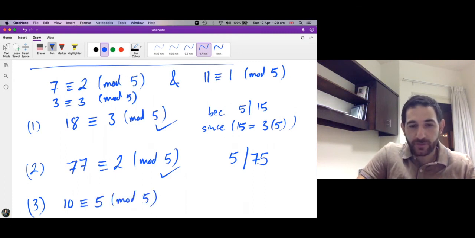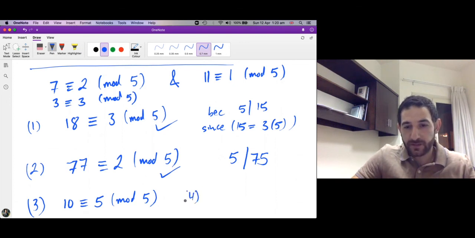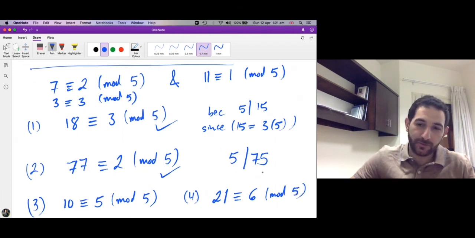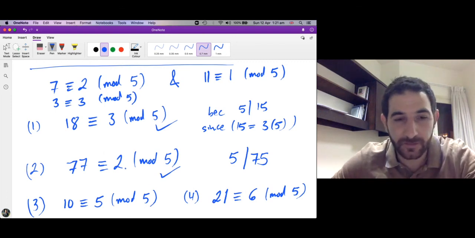And this is true because 5 divides the difference, which is 5. We also get, say, number 4, we can multiply both sides by the same integer. For example, 3. 7 times 3 is 21, and it's congruent to 2 times 3, which is 6 mod 5. Okay, this is true because 21 minus 6 is 15, and 5 divides 15. Okay, so this is about congruences.